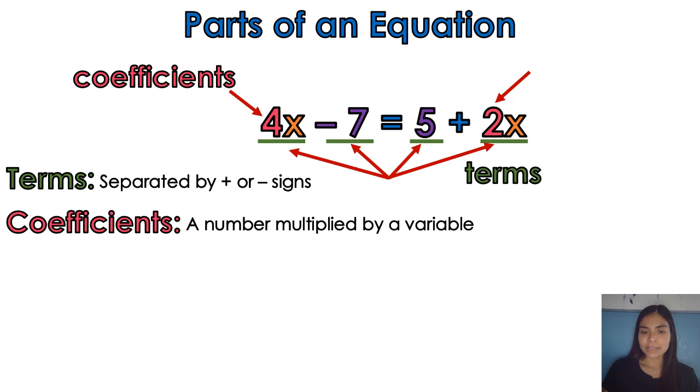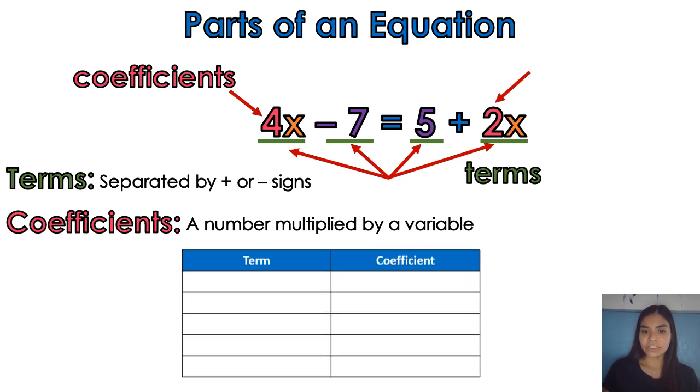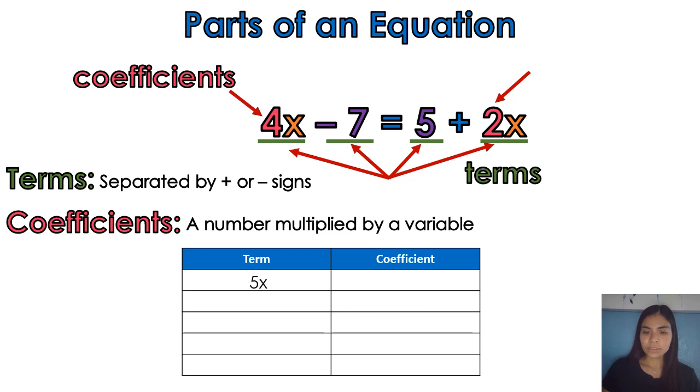Let's get some more practice with being able to identify the coefficient of a term. So let's start with the term 5x. What is the coefficient of 5x? So coefficient is just the number part that's being multiplied by the variable. In this case, the number is 5. We're doing 5 times x, so the coefficient is 5.